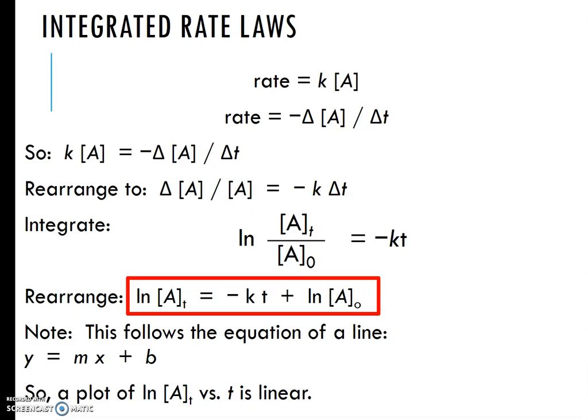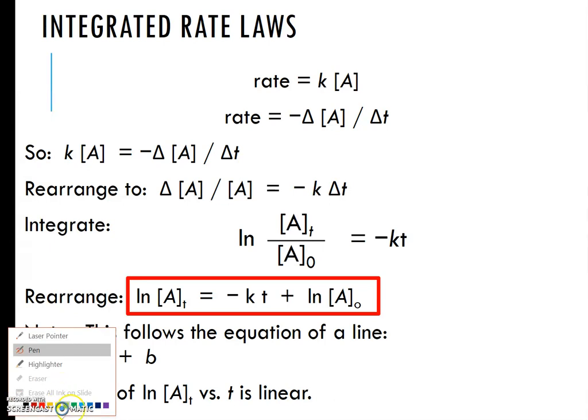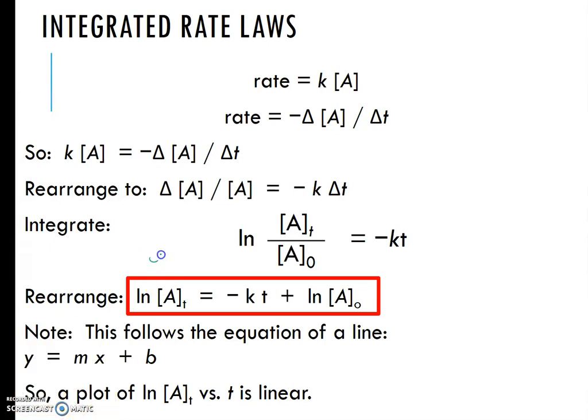I included everything else so that you can see that we're relating the average rate calculation to the rate law. And we rearranged this form in such a nice manner to create a line. So if we look here, we have y equals mx plus b. And chemists love lines.